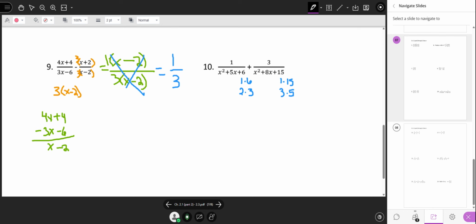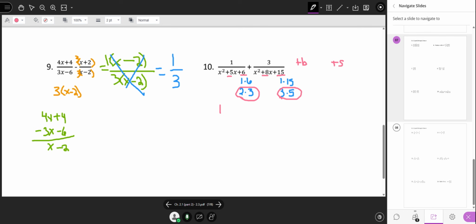Now, how can you multiply and get 6, add and get 5? How can you multiply and get 15, add and get 8? For both of these, it's plus big and plus small.